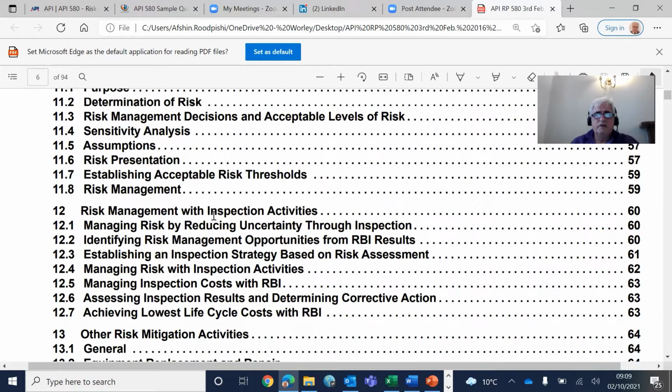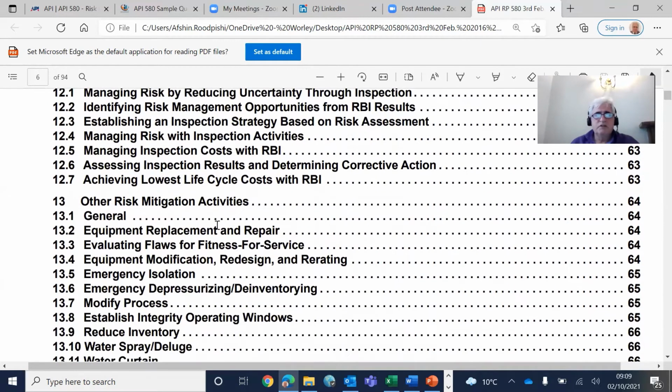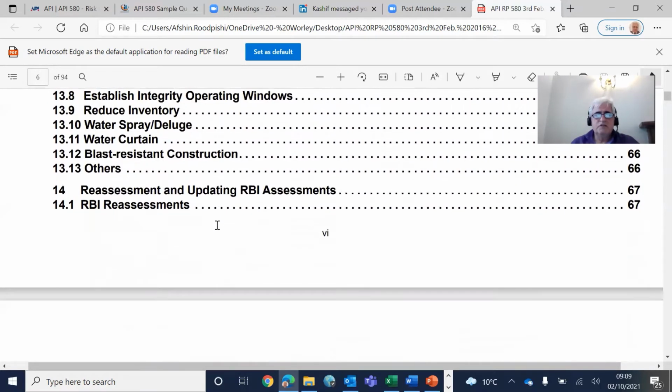And then you will have risk management with inspection activities, risk mitigation activities, and reassessment, because this is a live document, whatever report you have. Although you can increase the half-life rule, the maximum period allowed for the next inspection is 10 years.